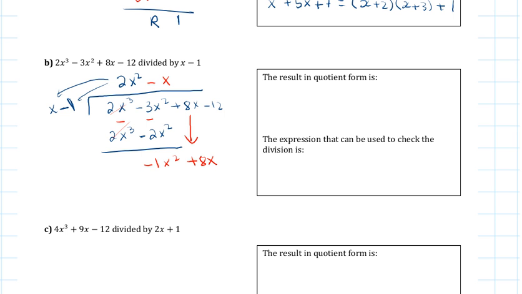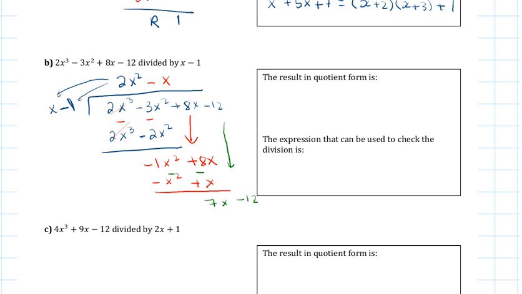If I divide negative 1x squared by x, that's going to be negative x. So negative x times x is negative x squared, and negative x times negative 1 is plus x. I subtract. So negative x squared minus negative x squared, they're going to get rid of each other. 8x minus x gives me 7x.